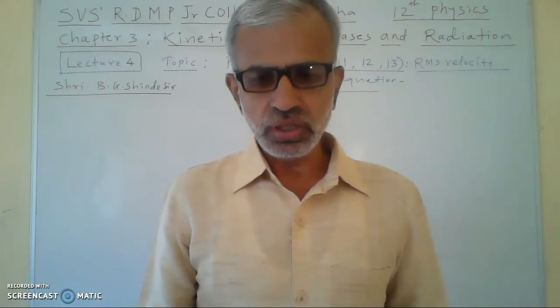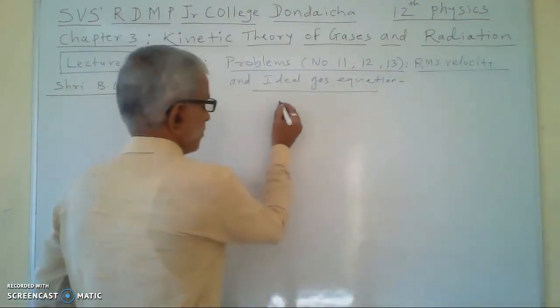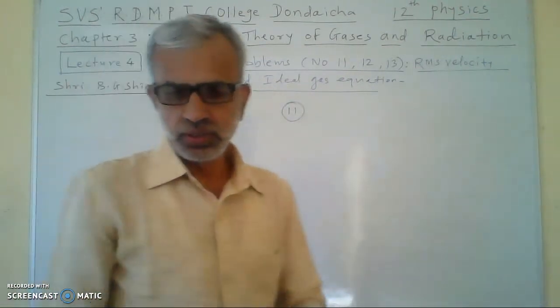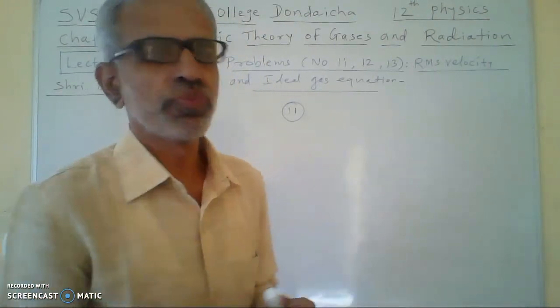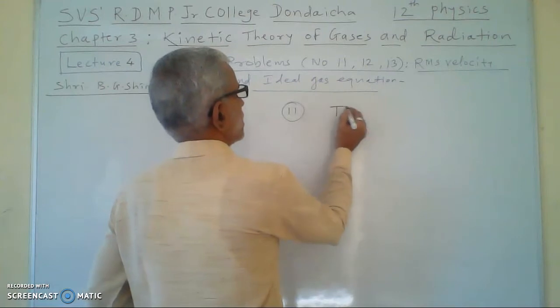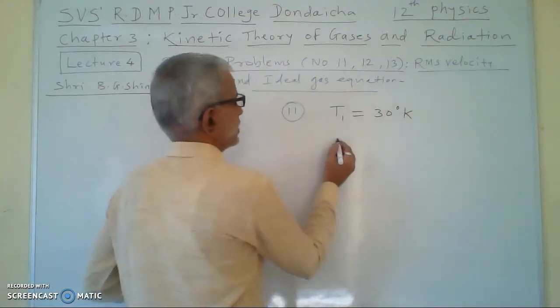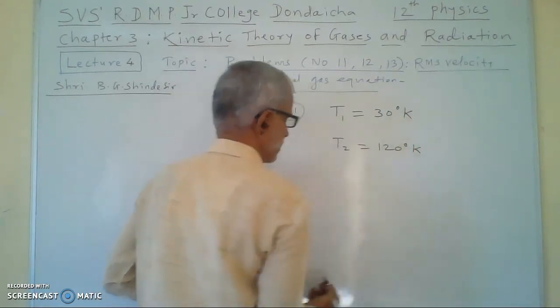So we are given two temperatures. It is problem number 11 and we are given temperature T1 and temperature T2. So T1 is equal to 30 degree Kelvin. T2 is 120 degree Kelvin.